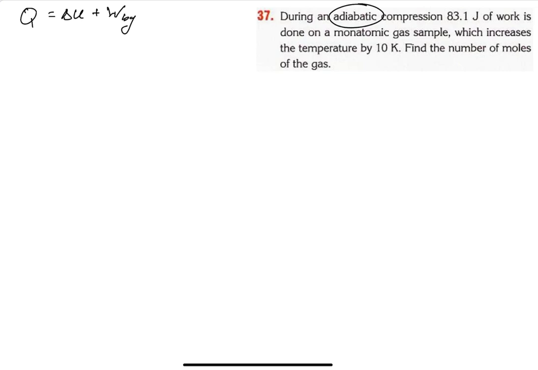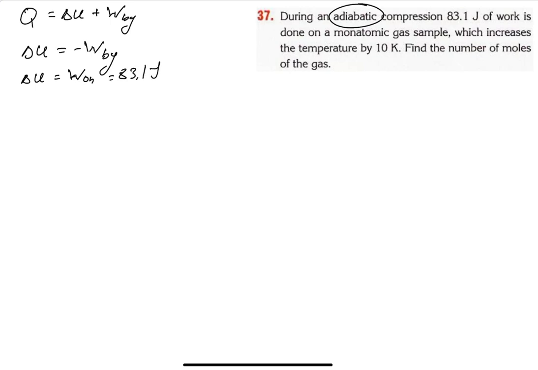That means delta U will be equal to negative work done by the system, or delta U will be equal to work done on the system. And we know that the work done on the system is given, which is 83.1 joules.